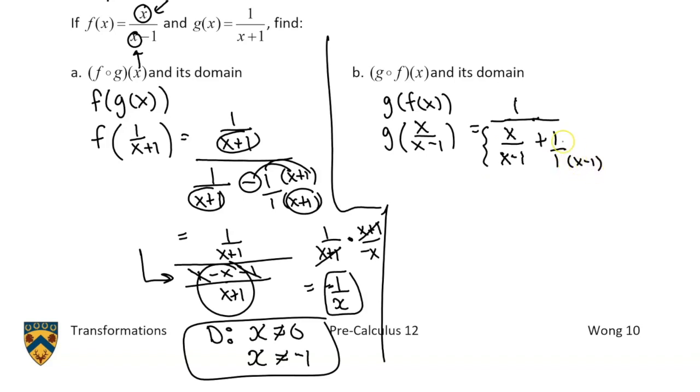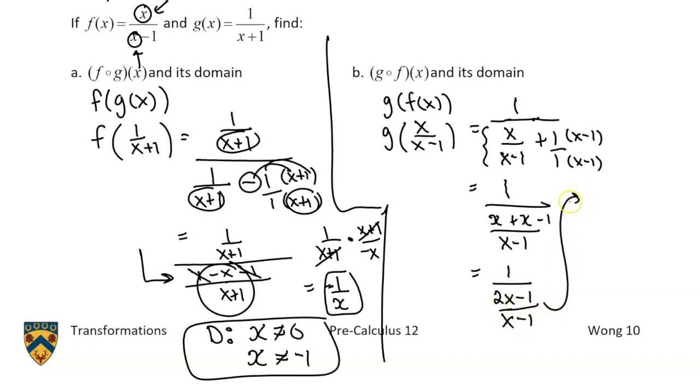Times this by x minus 1, times this by x minus 1. Then you could get something that would say 1 over x, and then plus x subtract 1, which would equal 1 over 2x minus 1 over x minus 1.